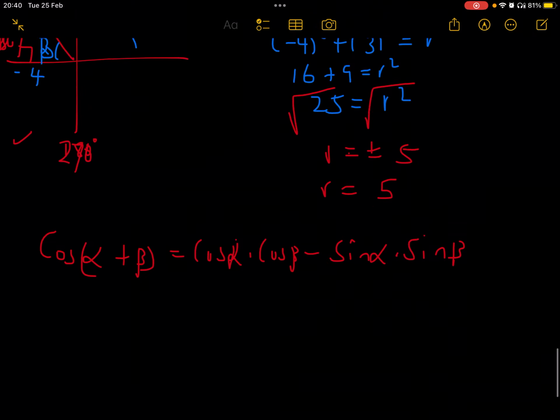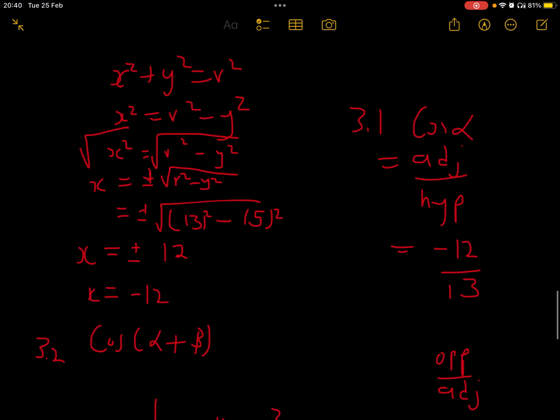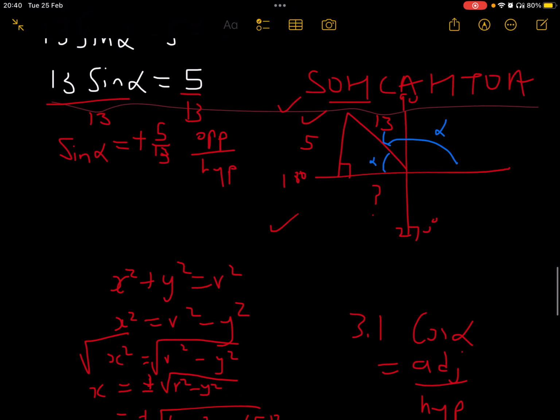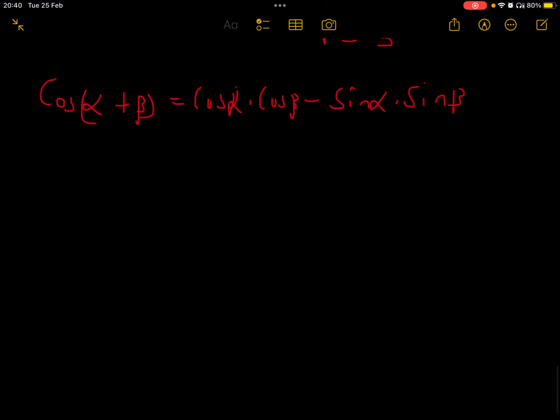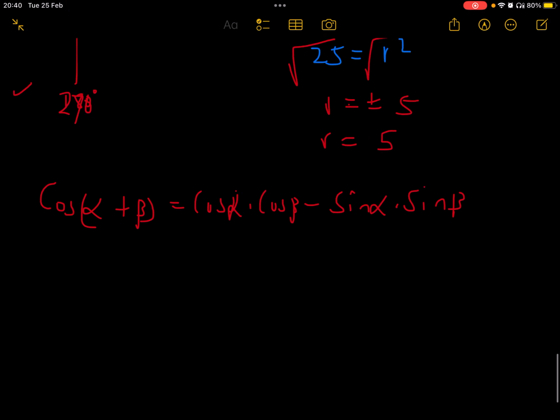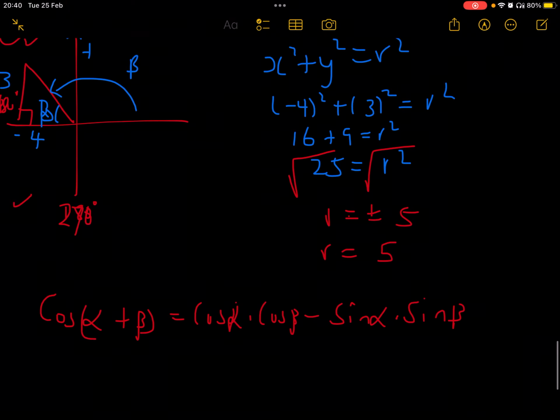If I go back here, we have found the value of cos alpha and the value of sine alpha. The only ones we don't have are cos beta and sine beta, but we do have the triangle for beta, so we can rename here.